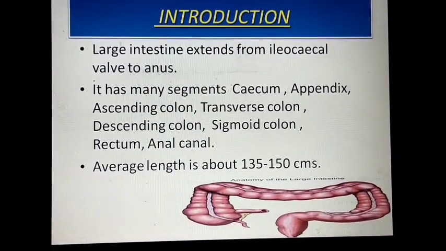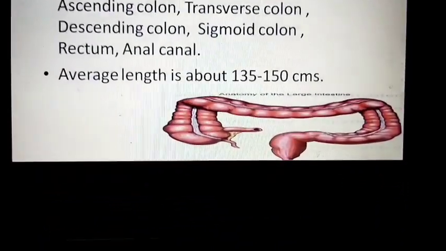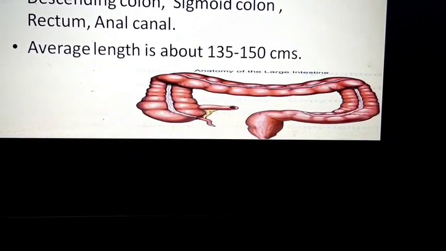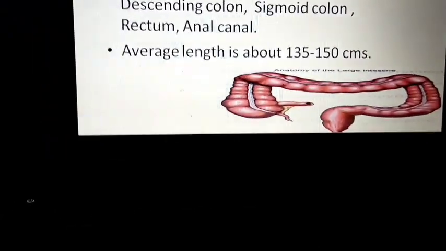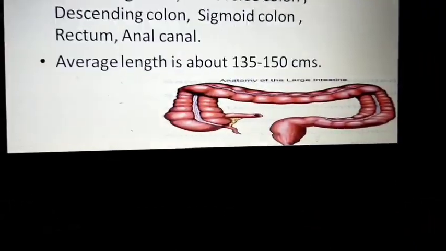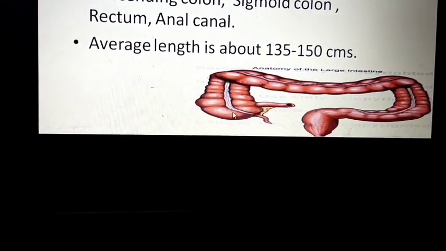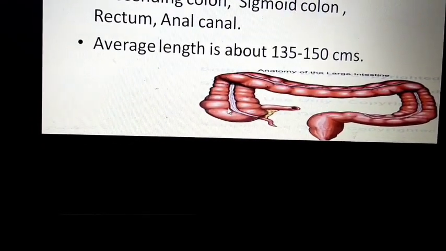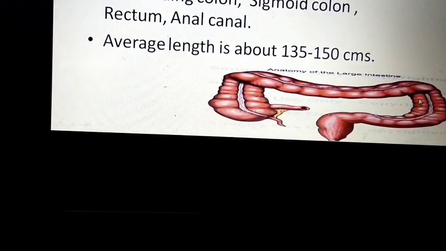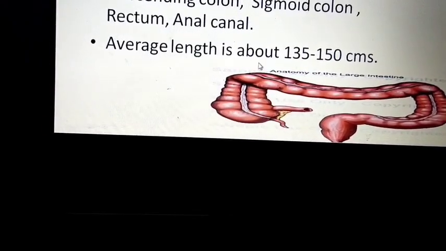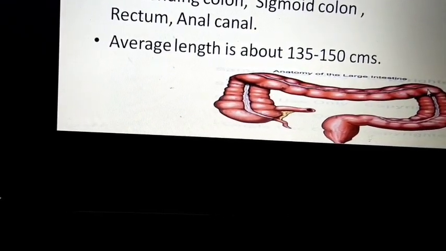Then come the transverse colon, descending colon, and sigmoid colon. You can see a pattern here in the large intestine. Usually it is said to be U-shaped, but it is not a U shape. It goes upwards, ascends, then this is the hepatic flexure, or right flexure, and this is the splenic flexure, or left flexure.